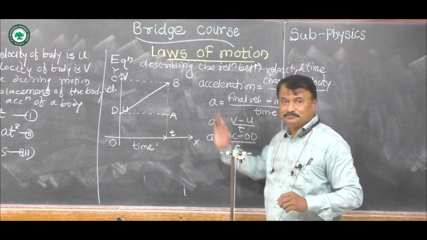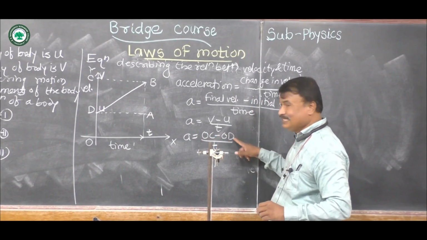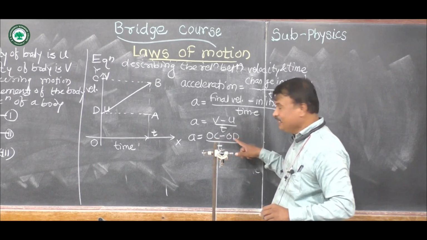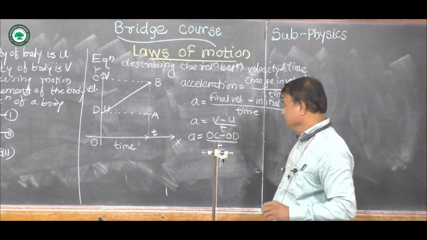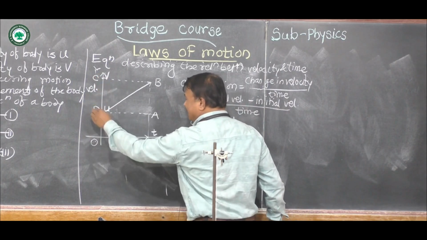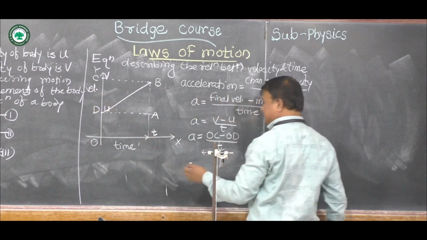By using this graph, a equal to final minus initial upon time, a equal to OC minus OD upon t. But this OC minus OD is equal to CD.